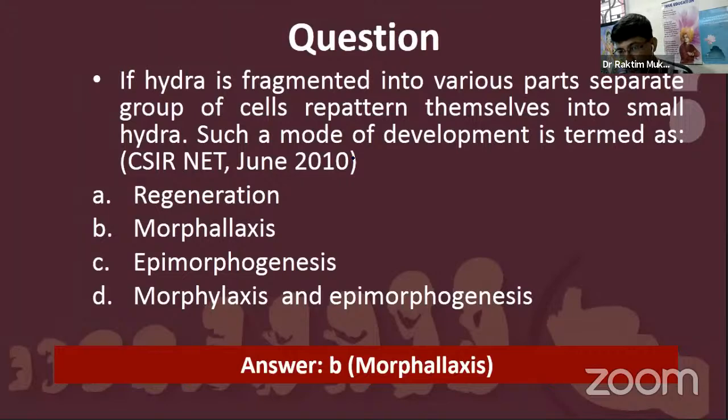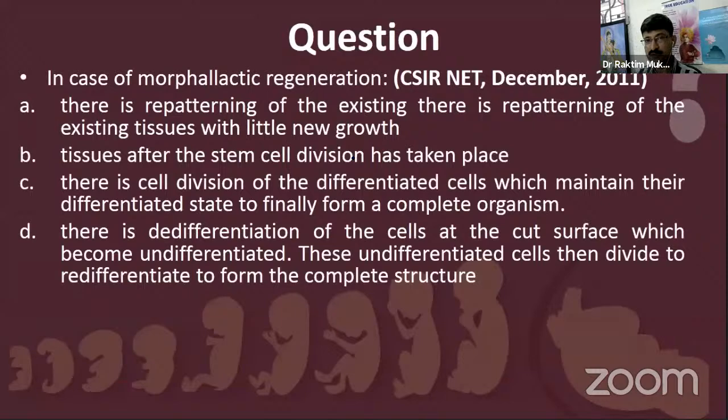Maybe the last one for this segment before I go to the next segment. Okay, again from a similar area. In case of morphallactic regeneration, this is from CSIR December 2011, there is repatterning of the existing tissues with little new growth. Option: tissues after stem cell division has taken place.